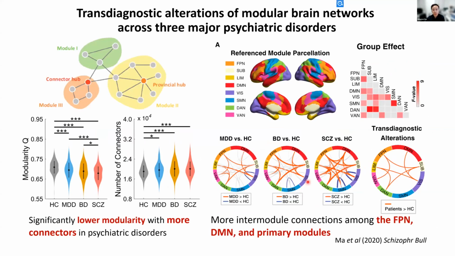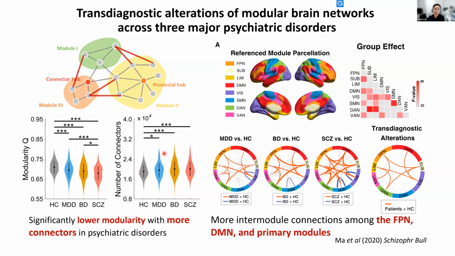We further examined the modular architecture in the three major psychiatric disorders. In accordance with the randomized configurations, the modularity was significantly reduced in all three psychiatric disorders, with several excessive connectors that have more intermodal connections.